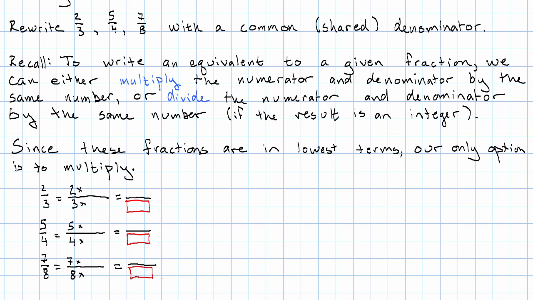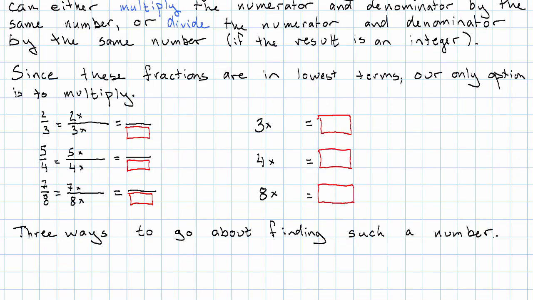So we are looking for a number that we can get by multiplying 3 times something, by multiplying 4 times something else, and by multiplying 8 times something else again. There are 3 ways that we could go about finding such a number.